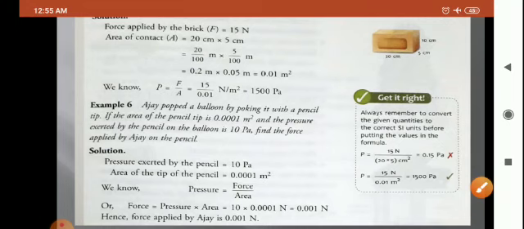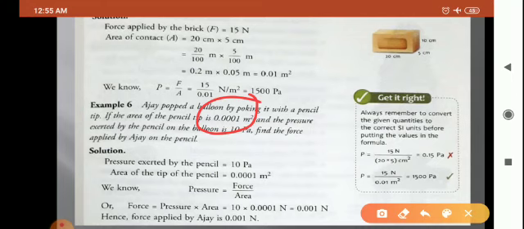Now children, next thing, example number 6. Ajay popped a balloon by poking it with a pencil tip. If the area of the pencil tip is 0.0001 meter square and pressure exerted by the pencil on the balloon is 10 Pascal. Here the pressure is given and area of contact is given.